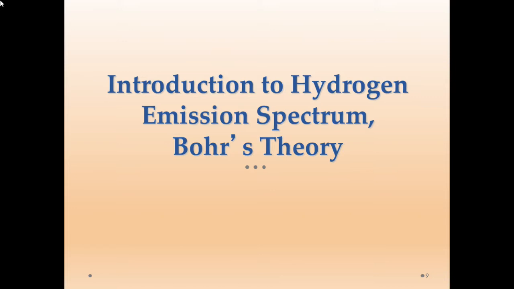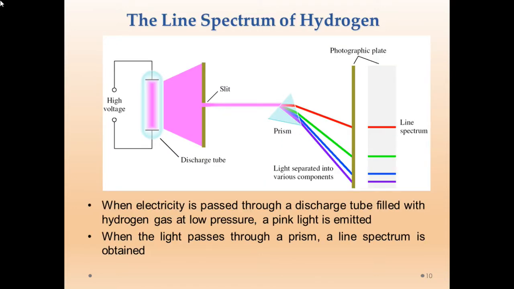So, introduction to the hydrogen emission and Bohr theory. Guys, basically we have gone through that a photon has a different wavelength, and different wavelengths fall in different regions. As over here we can see, we try to duplicate this system like this.